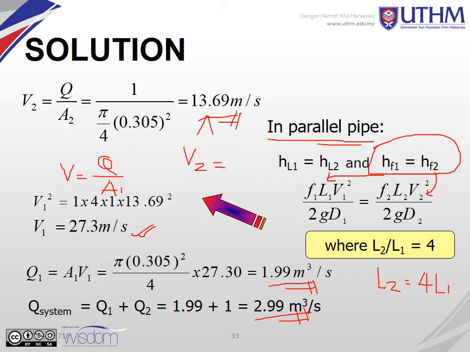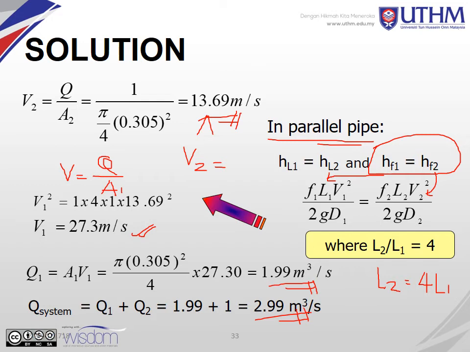We know that Q over A1. But we know that V squared is this one, so you just get the V1 squared. Okay, so you get the velocity.